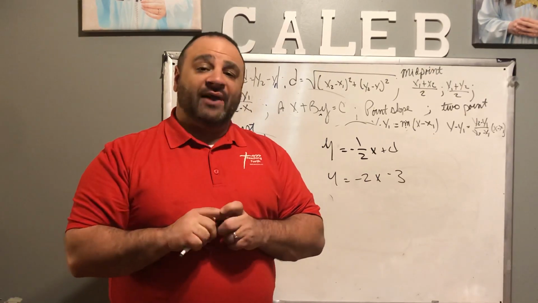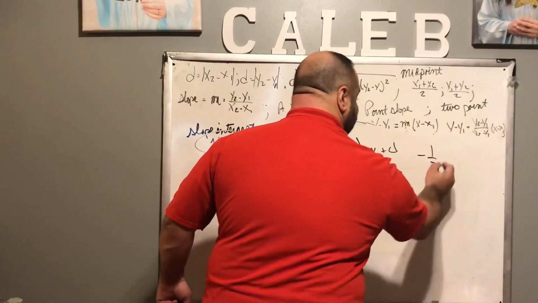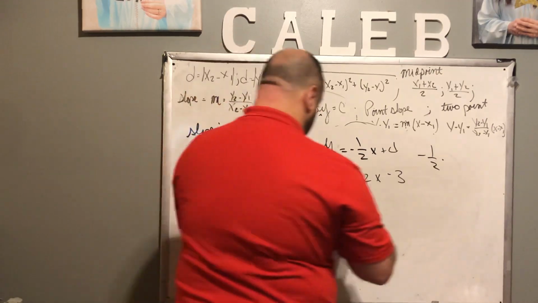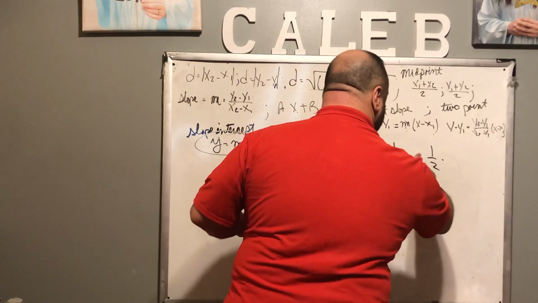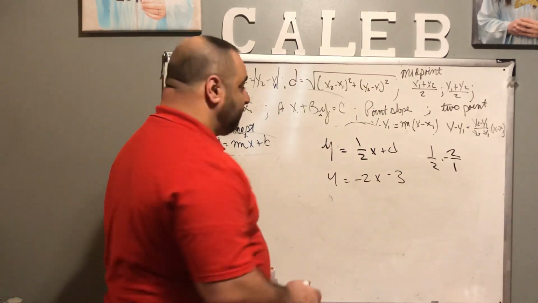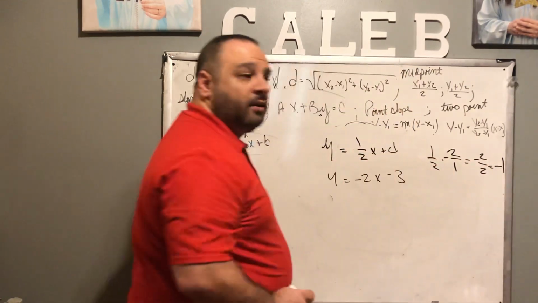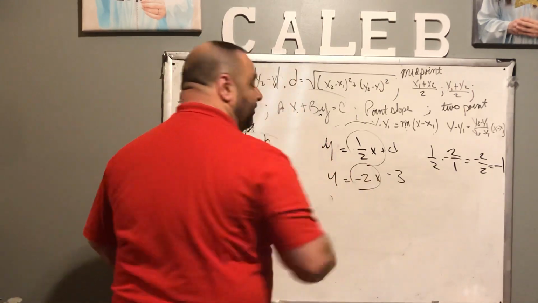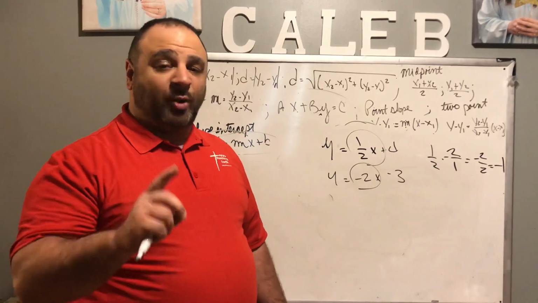Remember, a perpendicular line forms a right angle. So +1/2 times -2 over 1 gives -2 over 2, which equals -1. So if the product of our slopes is -1, we know we will have perpendicular lines.